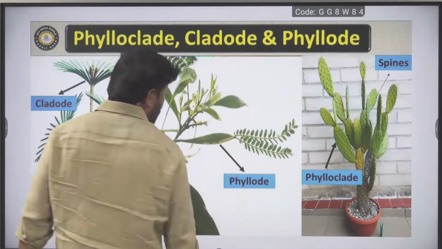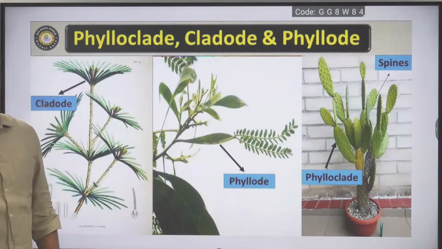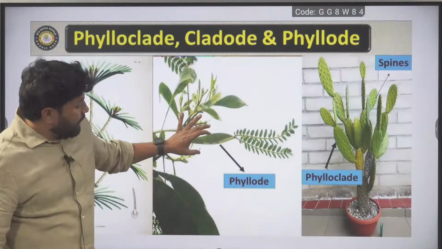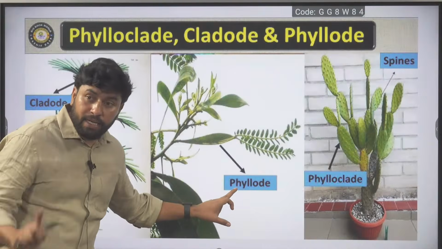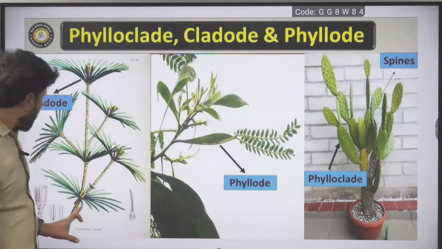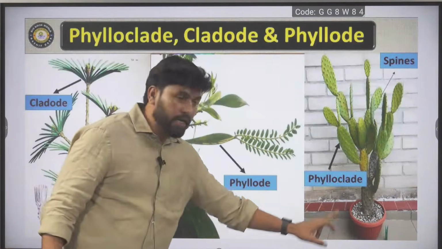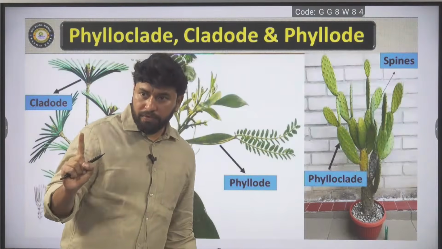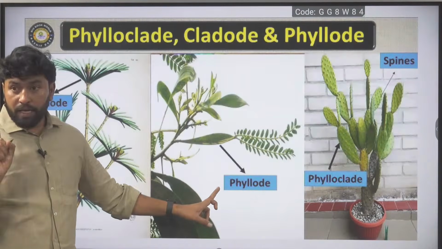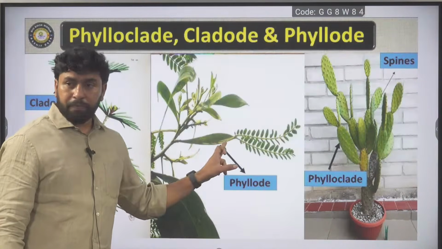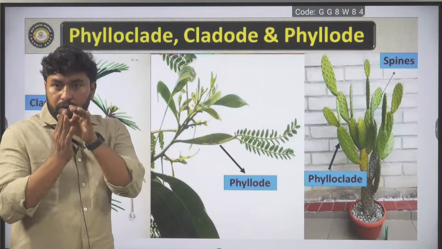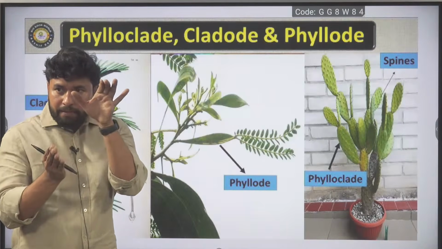Next, phyllode. See this story. In case of Acacia species, the leaf petiole, careful. Phyllode is a leaf modification. Cladode and phylloclade are both stem modifications. Phyllode is a leaf modification. What happens in phyllodes? In phyllodes, the leaf petiole gets expanded.